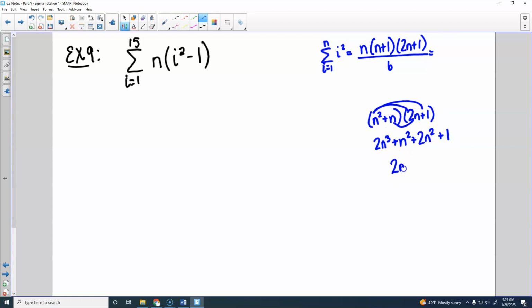So that's 2n to the third plus 3n squared plus 1. So this is also equal to 2n to the third plus 3n squared plus 1, because depending on what we're doing, sometimes it is easier to use the first formula, sometimes it's easier to use the second formula. It just depends on the case.